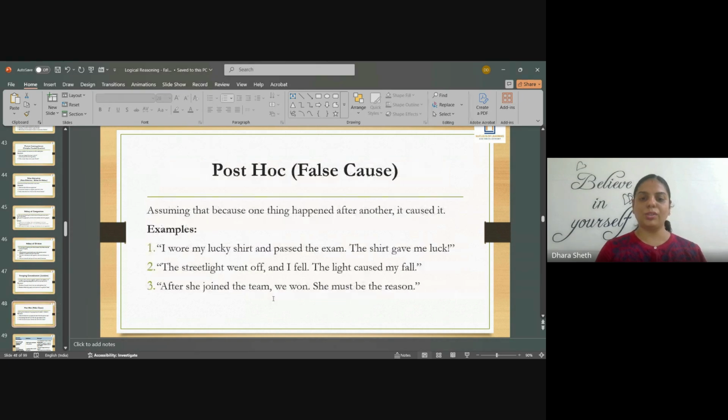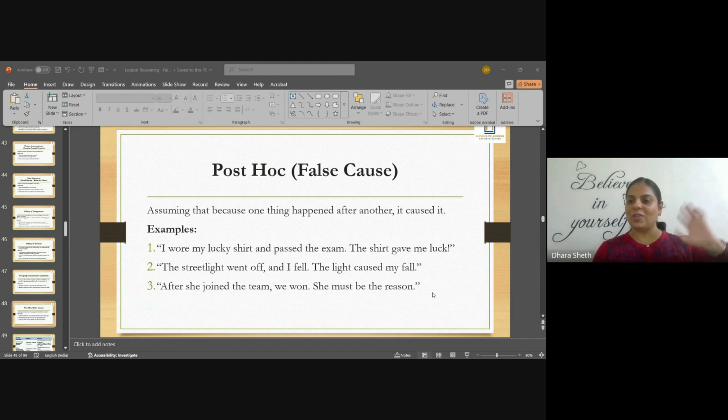Next, post hoc or false cause. Assuming that one thing happened because one thing happened after the other, it caused it. There's a saying in Gujarati, my mother tongue, they say, Kaganu pasu, dadno padu. The moment the crow sat on the branch of the tree, the branch fell down.